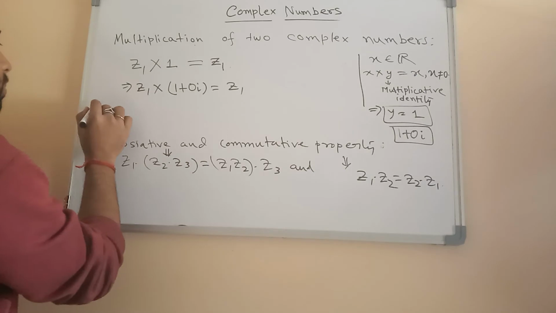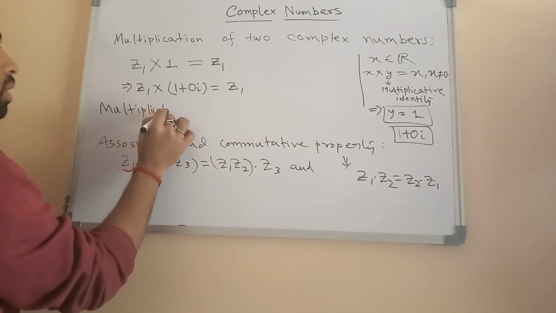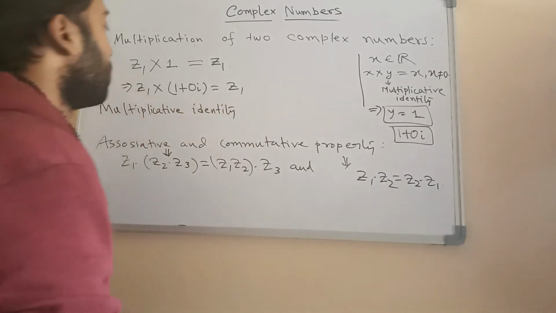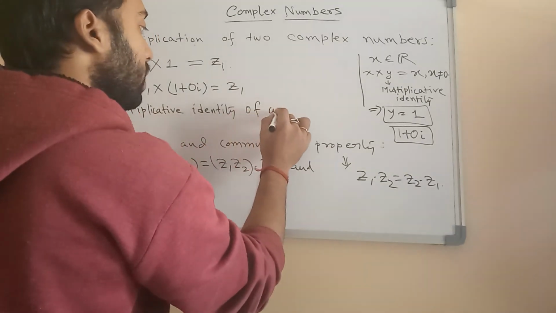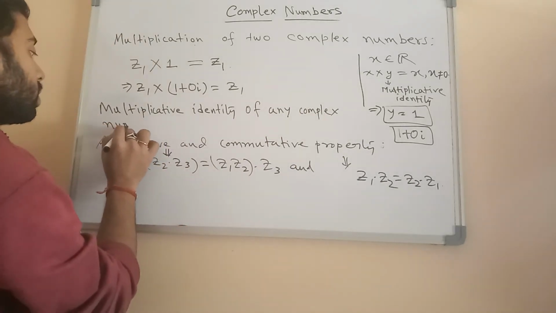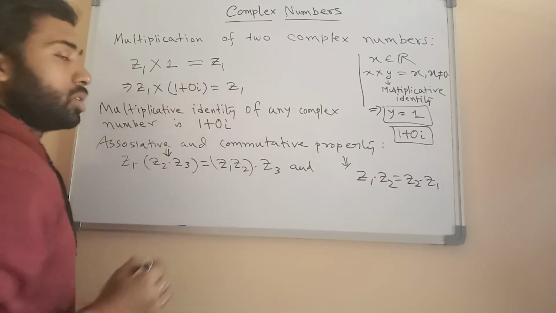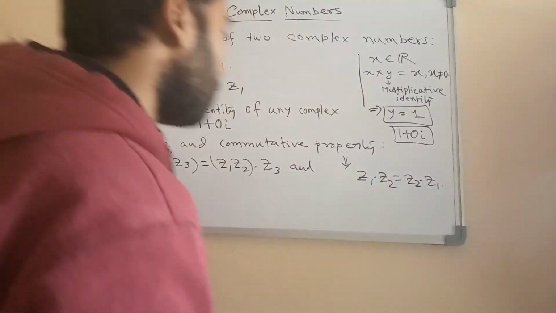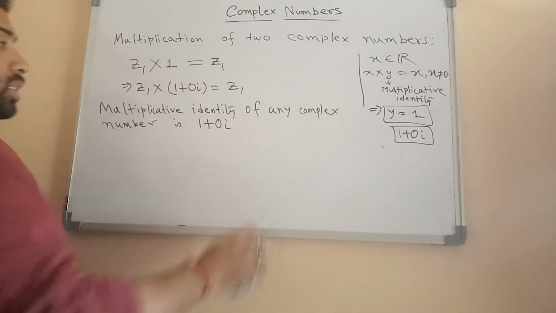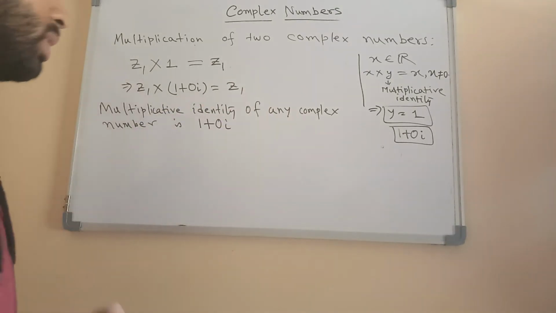So we can say that the multiplicative identity of any complex number is 1 plus 0i. Just change the real 1 into the complex form, that is 1 plus 0i.